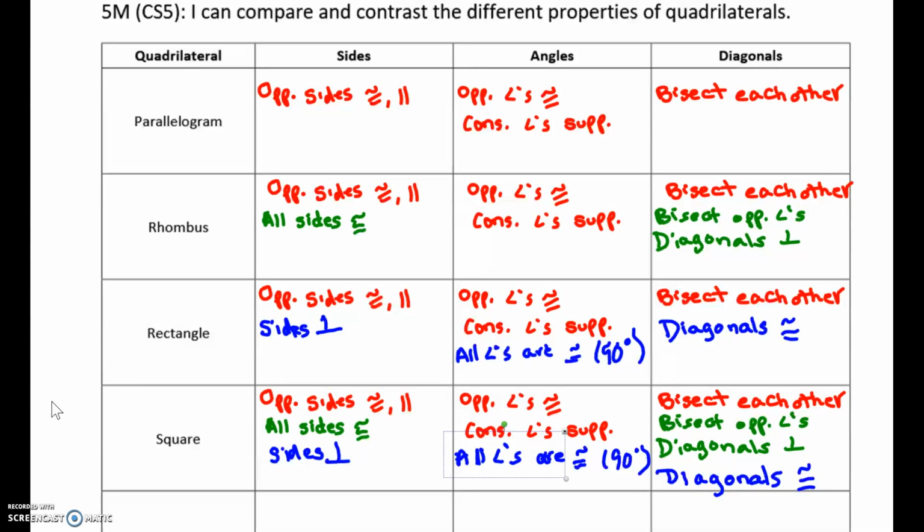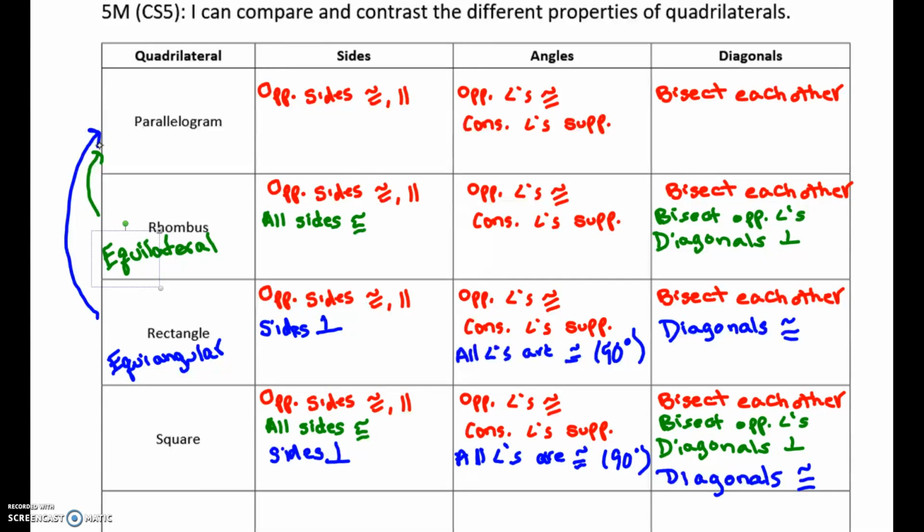So when we're looking at these, we can say that the rhombus is the equiangular. Oh my gosh, not equiangular, equilateral, friends. Let me get my head screwed on straight. Equilateral parallelogram, and again, it's a type of parallelogram. That my rectangle is the equiangular parallelogram, so it's also a type of parallelogram.